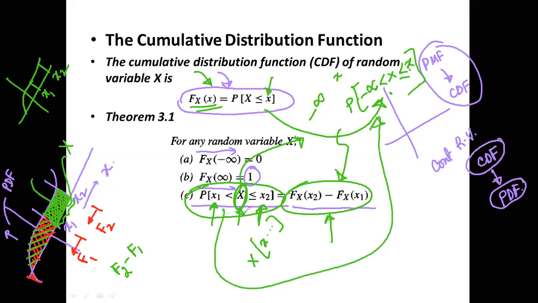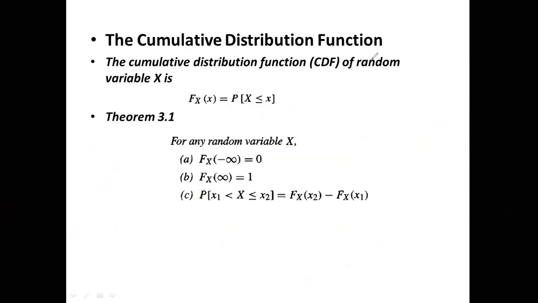Okay, sir, I understood. Can't I say that it is the area from x1 to x2? Yes, sir, that is the definition. Okay, thank you, sir. So this is the CDF. I think the CDF is clear to you all.